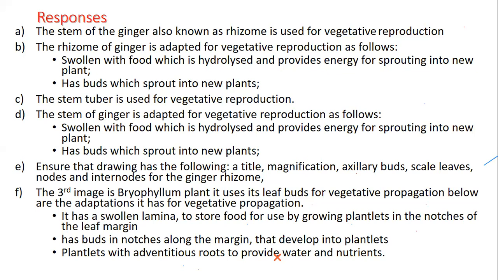Okay, if you look at ginger or an Irish potato, those two are stems, and these stems are succulent, they are swollen. They are swollen because they contain a lot of food. So why should it be swollen with food? The food is going to be broken down to provide energy for the developing new plant.